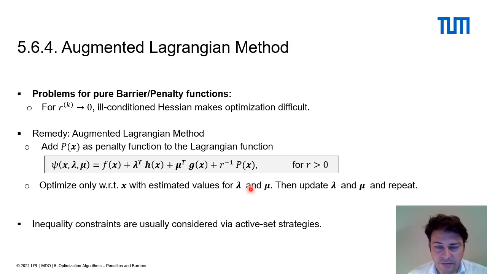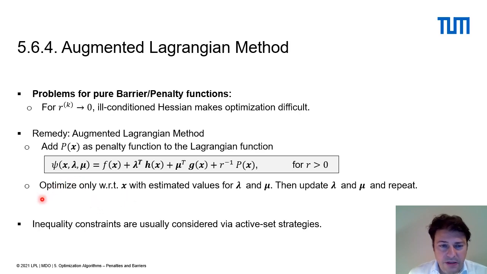Once you're done, you update your values of lambda and mu and go back to the optimization. So there are two ingredients to augmented Lagrangian method. The first one is that you combine the Lagrangian function with the penalty term. The second one is that you optimize only in your x space, but after you're done, you update the Lagrange multipliers and then you repeat.